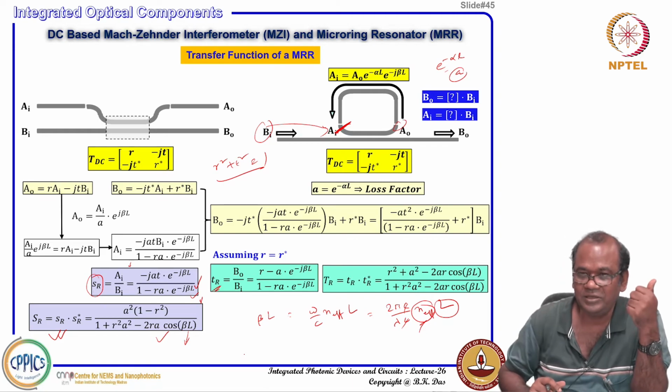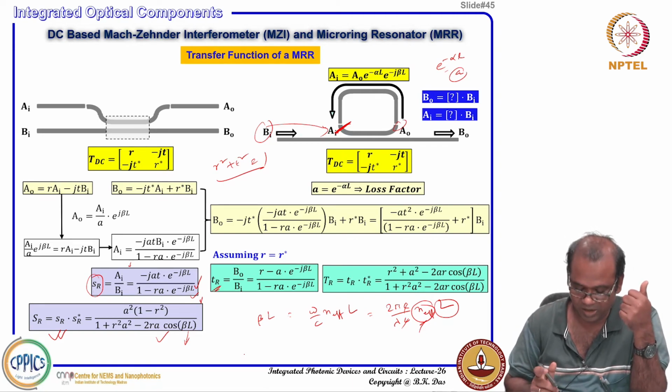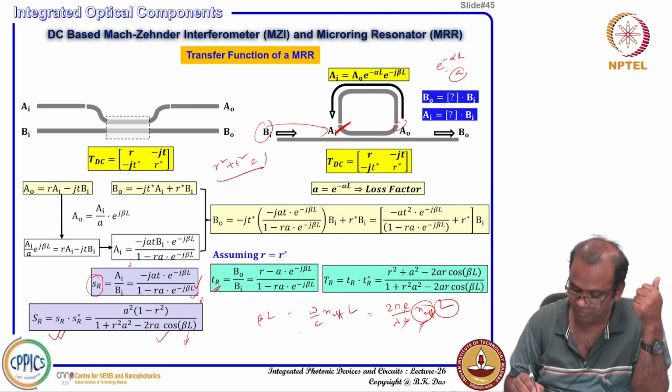Now, in our hand, if I tune the frequency or lambda, then this beta L value will be changing.